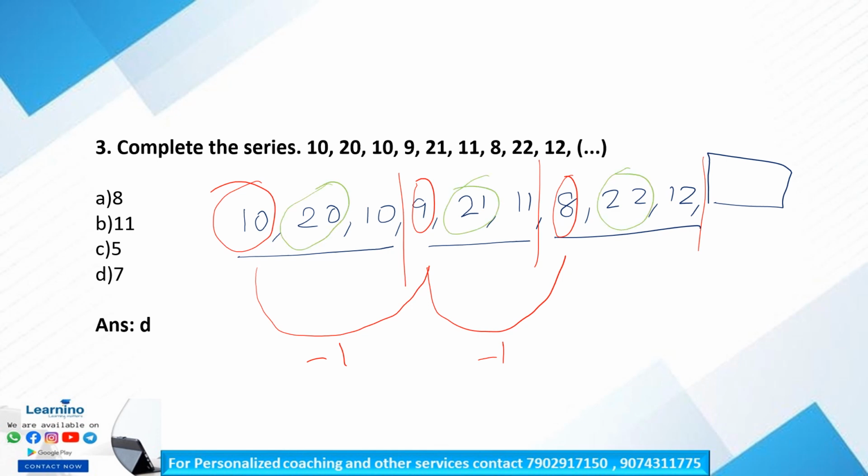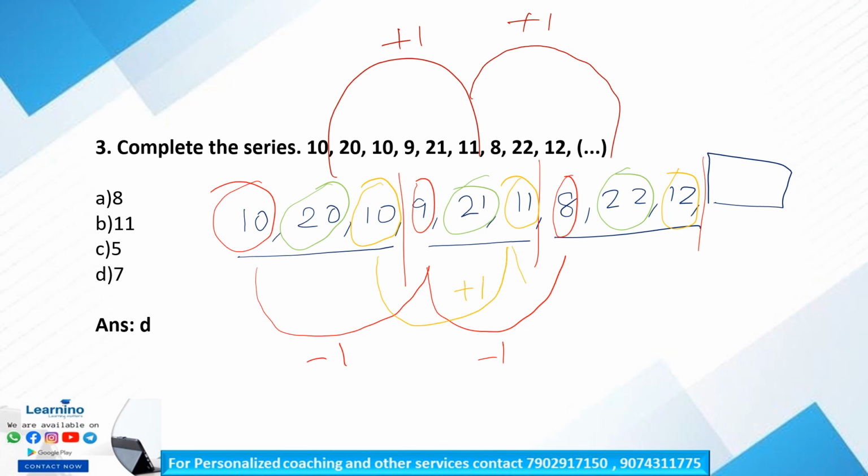What is the pattern followed here? 20 plus 1 is 21, 21 plus 1 is 22. Next, let us consider the third number of each group, 10, 11 and 12. What is the pattern followed here? 10 plus 1 is 11, 11 plus 1 is 12.